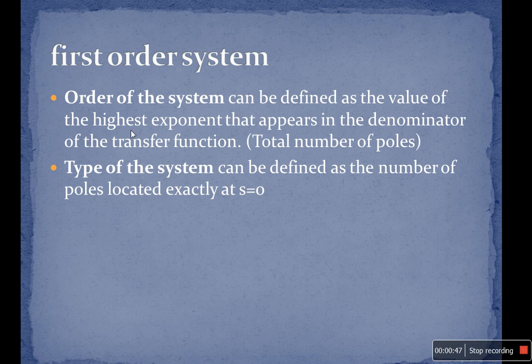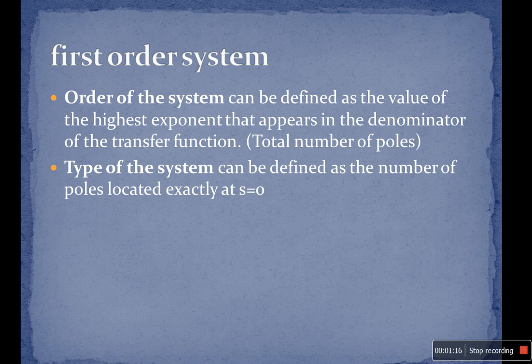So the order of the system is the highest exponent in the denominator part of the transfer function, that is the total number of poles present in the denominator. And the type of the system is the number of poles located exactly at s equal to 0.